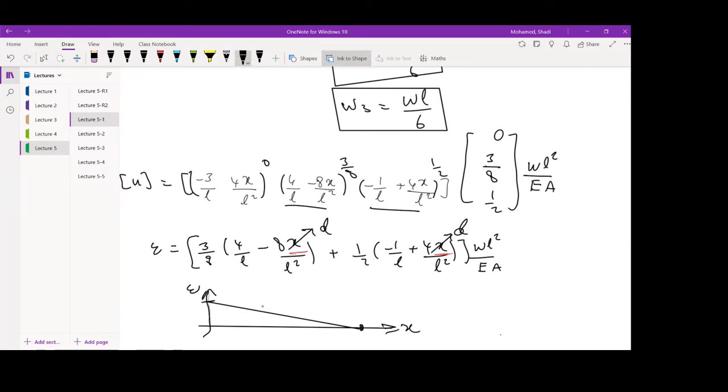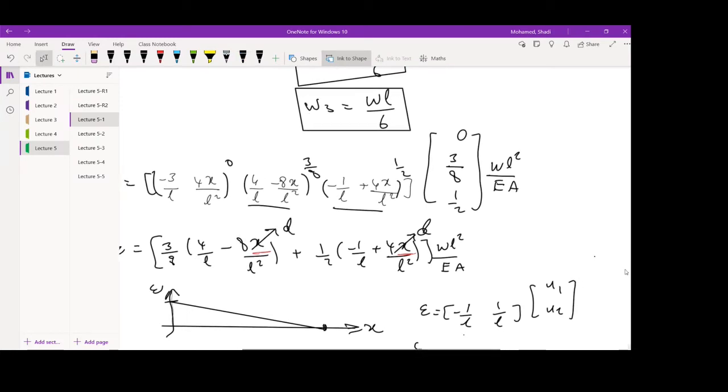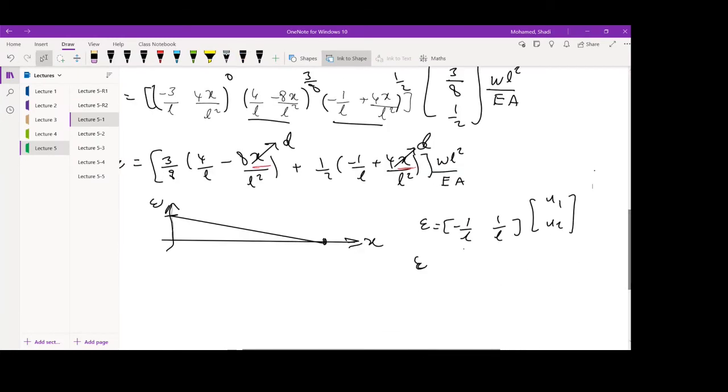Now, compare this to before. If you remember, before we had the strain as minus 1 over L, 1 over L, multiplied by U1 and U2. If you expand that, it is minus 1 over L multiplied by U1 plus 1 over L multiplied by U2.